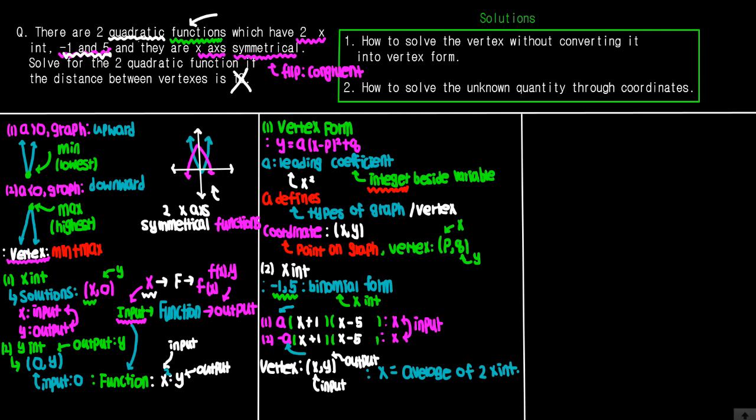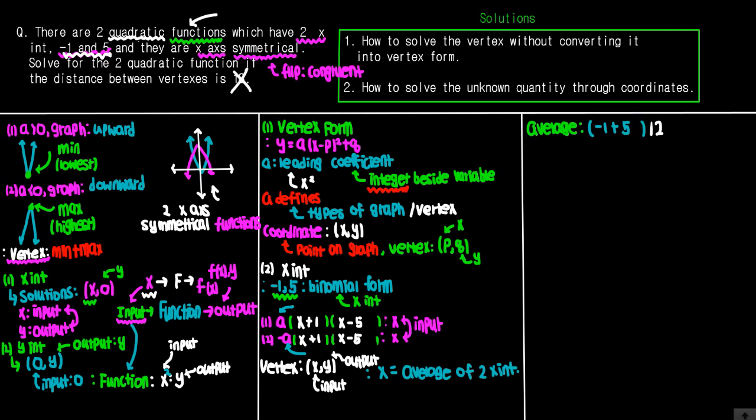So we know that the average of our x-intercepts is adding our two x-intercepts and then dividing by 2. Our two x-intercepts are negative 1 plus 5, divided by 2.